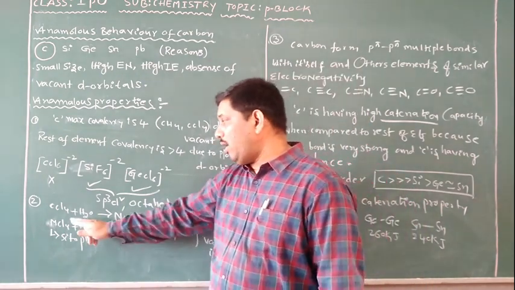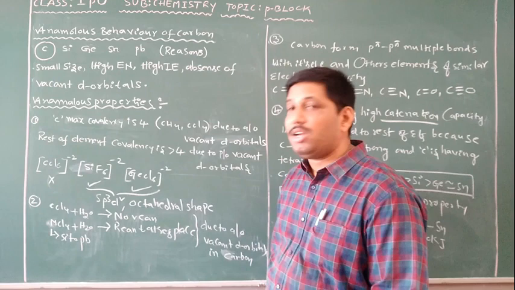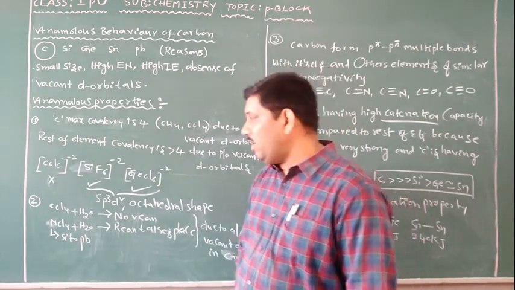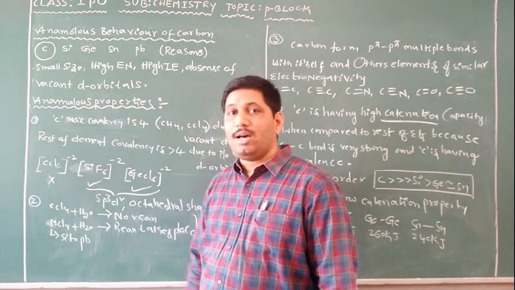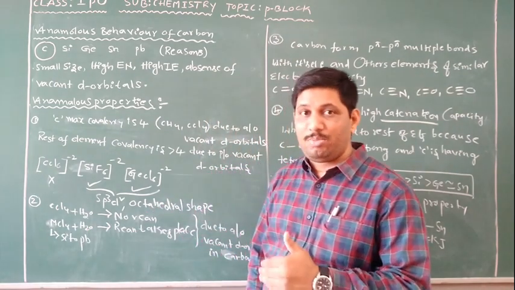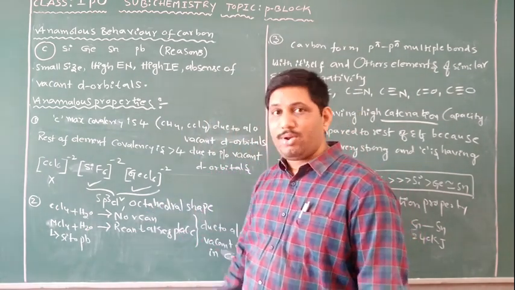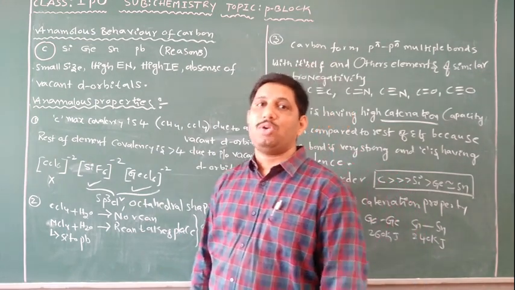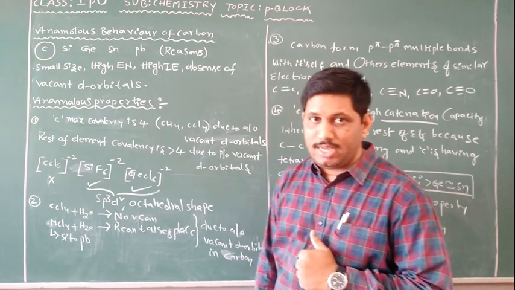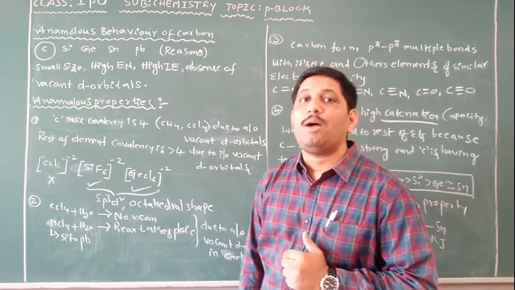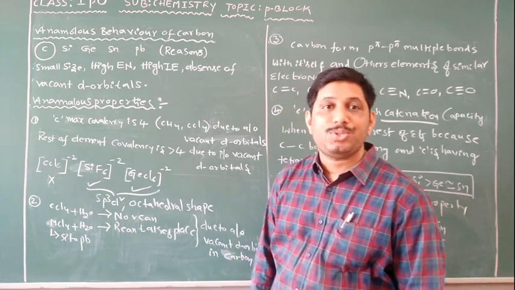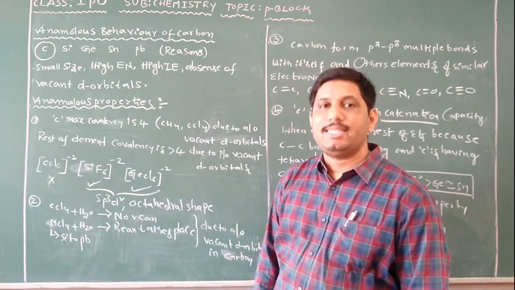Second one, carbon tetrachloride does not undergo hydrolysis due to absence of vacant d orbital, whereas the chlorides of the rest of the elements, silicon, germanium, tin and lead, can undergo hydrolysis. Previously we discussed silicon tetrachloride, which upon hydrolysis forms silicon tetrahydroxide, known as silicic acid.